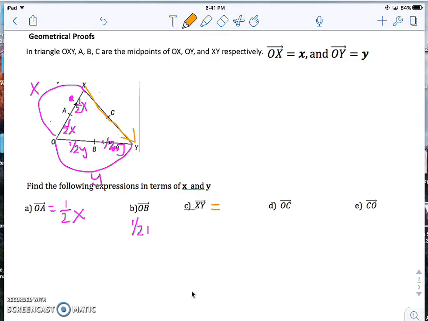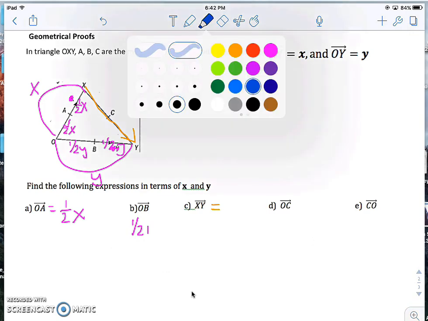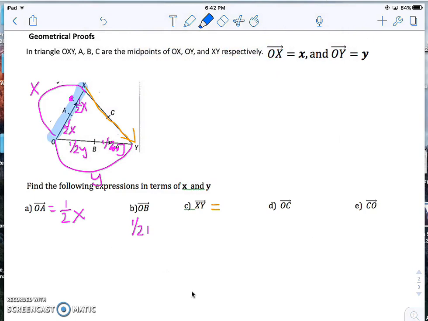To get from X to Y, we can go from X to O, and then we can add O to Y, because we can't go straight from X to Y since we don't know that. If we go this way, it's our X vector, but it's the opposite of X. O to Y is just our Y vector.